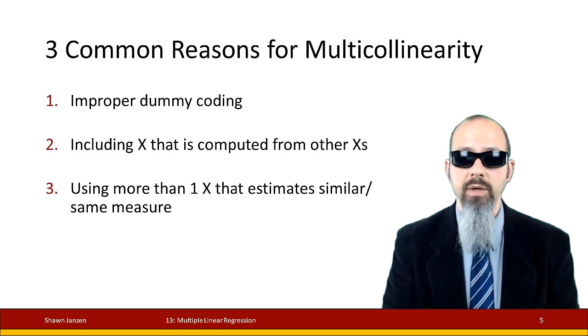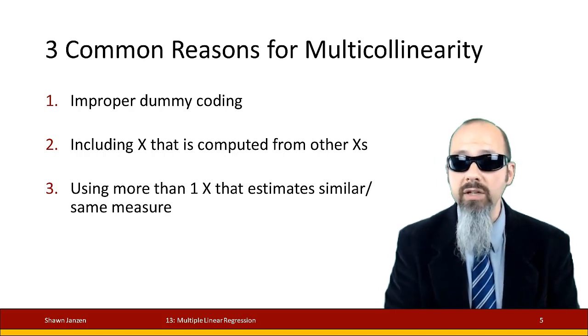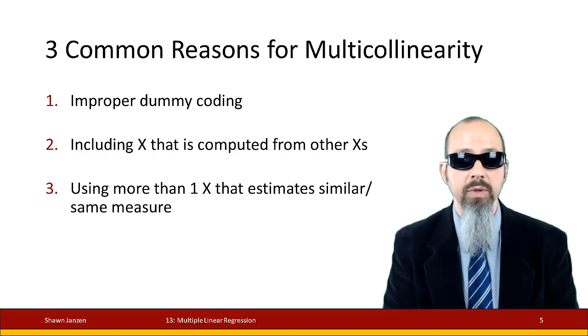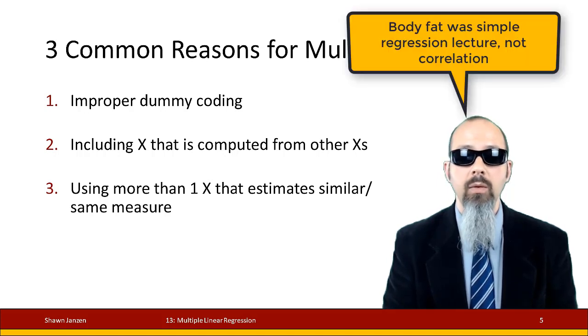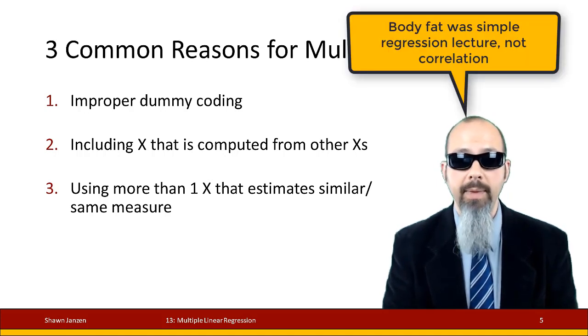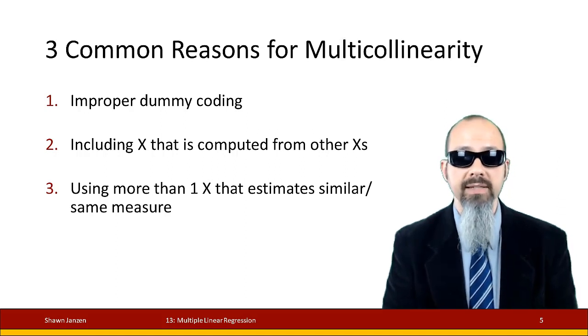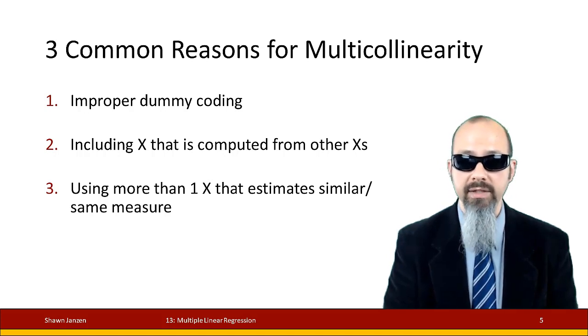Another way that you can do it is by including an independent variable that's been computed, constructed from other independent variables that you have. Think of one of the examples we're going to have here soon enough, where we're going to be measuring body fat and looking at the different predictors of it. When we first started with that example back in correlation, we built a variable called BMI, body mass index, and it was built from measures of height and weight.